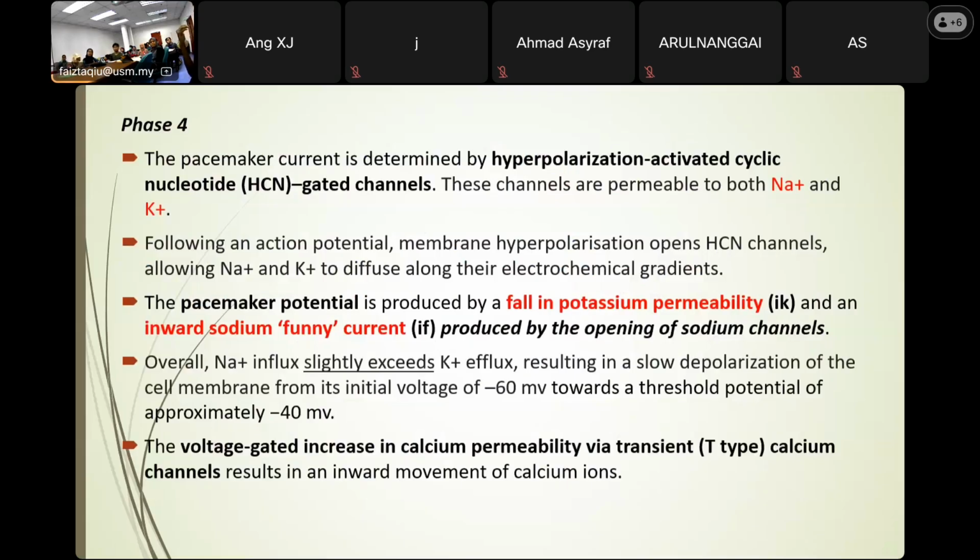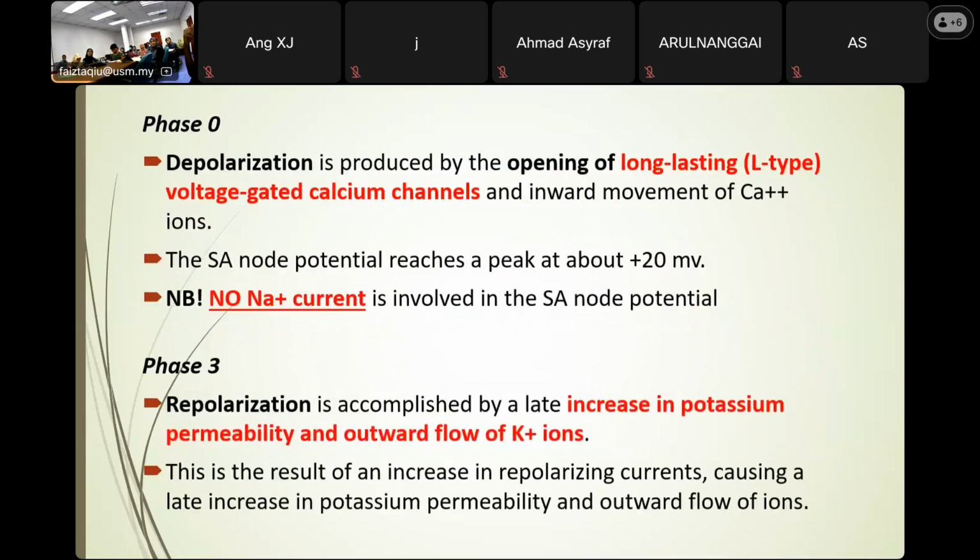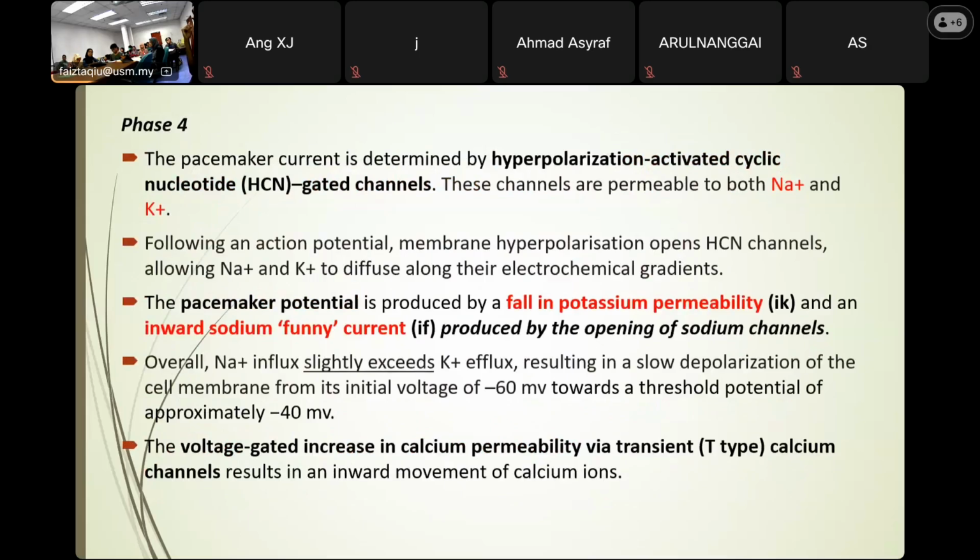What is the other name of the hyperpolarization-activated cyclic nucleotide-gated channel? What is the other name they normally refer to?